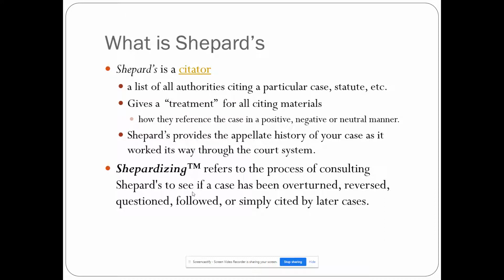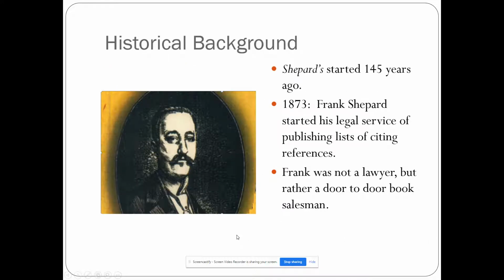Okay, so Shepardizing is actually a verb, and refers to the process of consulting Shepard's to see if a case has been changed or the precedential value has been weakened by later cases. So here we have a beautiful photo of this guy, Frank Shepard, must have his COVID beard on. So it started 145 years ago in 1873.